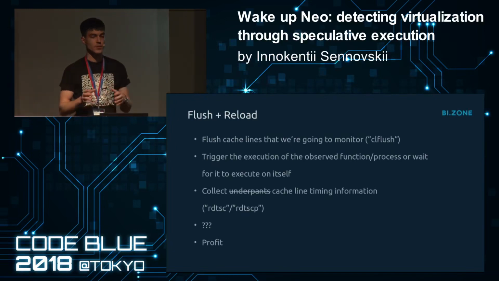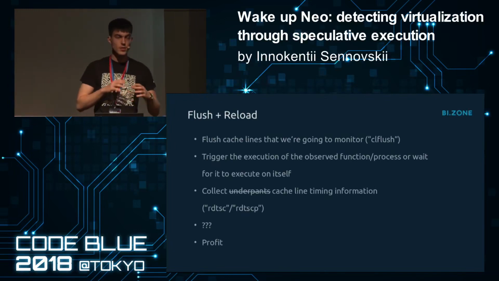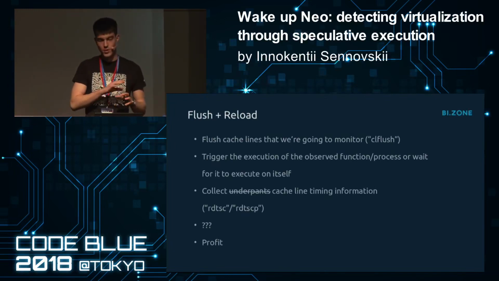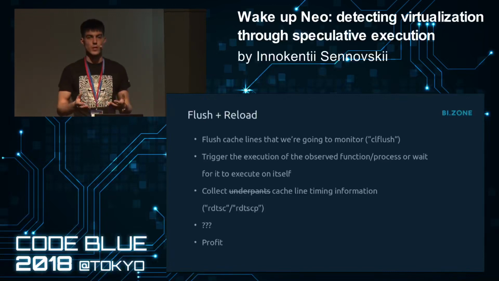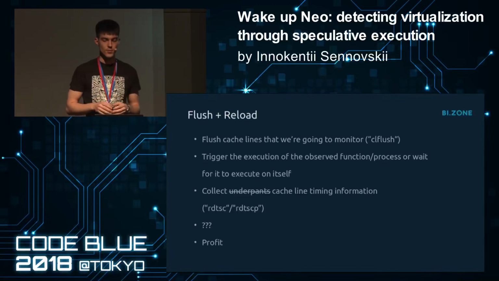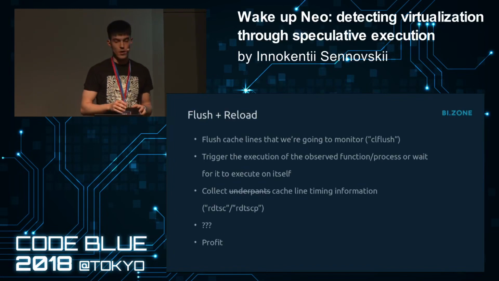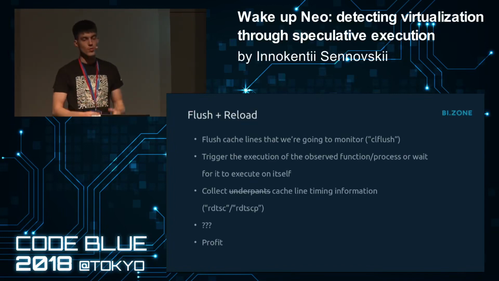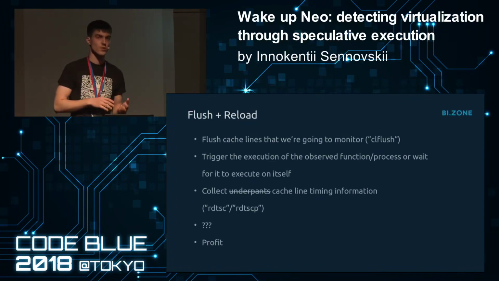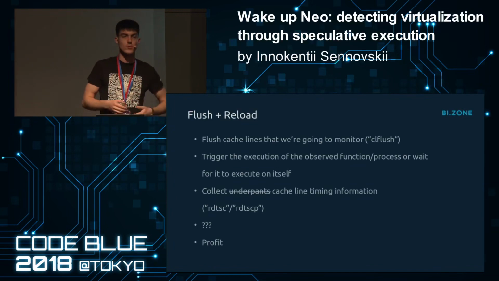So flush plus reload takes a contiguous page region. For example, the usual way is 256 4 kilobyte pages. Then it flushes all the cache lines from these pages, and triggers the execution of the observed function or process, or just waits for it to execute.